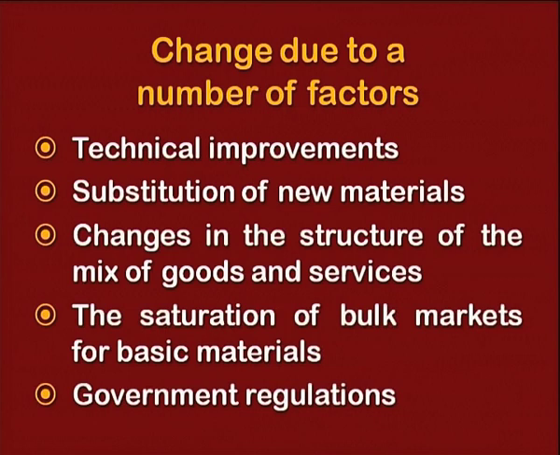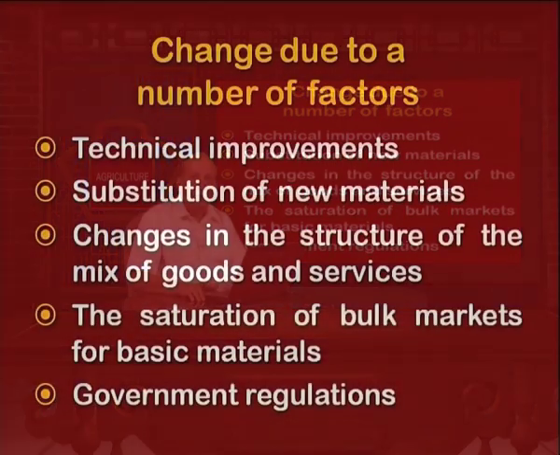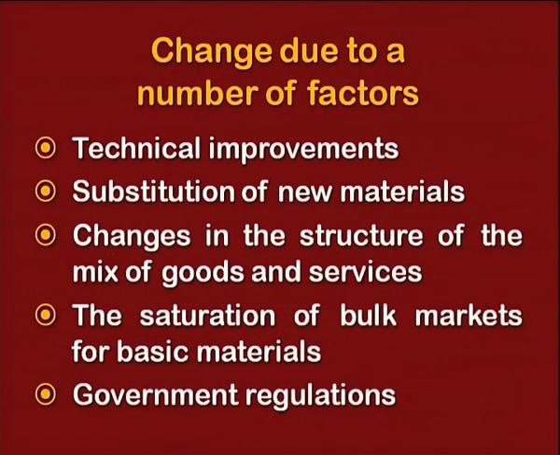The technical improvements: suppose a new high yielding variety has come in the market, this is a new technology and that will increase your output per unit of land. Therefore, the resource intensity has changed, because if you measure per unit of your inputs, say for example 40 kg of seeds are used in both productions by old and new technology.